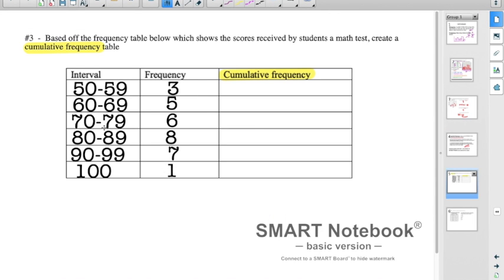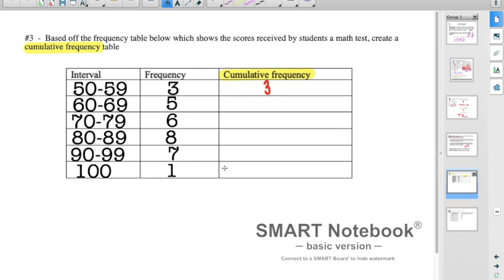So number 3, based off this frequency table below, which shows the scores received by students on a math test, create a cumulative frequency table. So it gives us our interval, our frequencies, and then it says cumulative frequency. Okay. So 3 students got between a 50 and a 59 on the test.